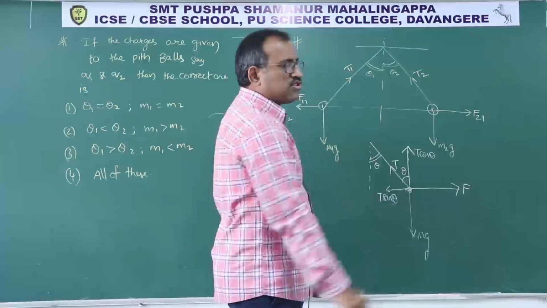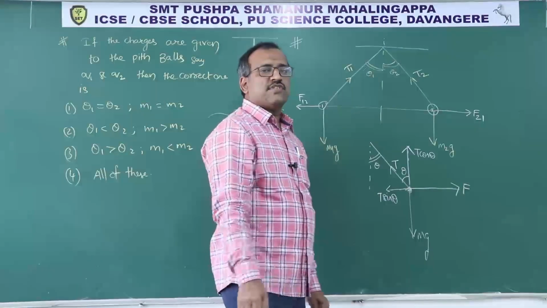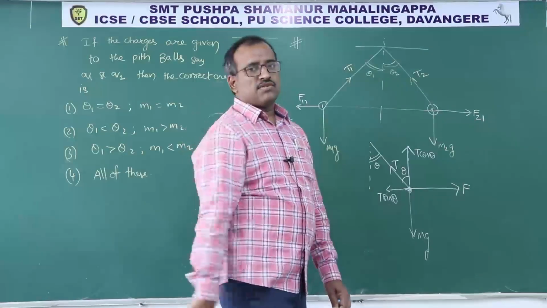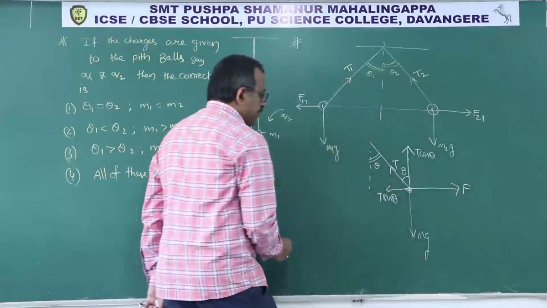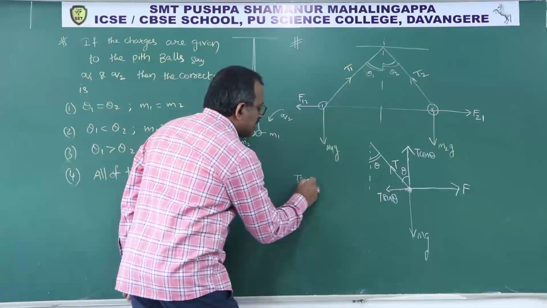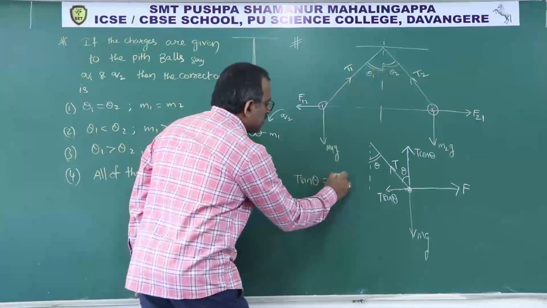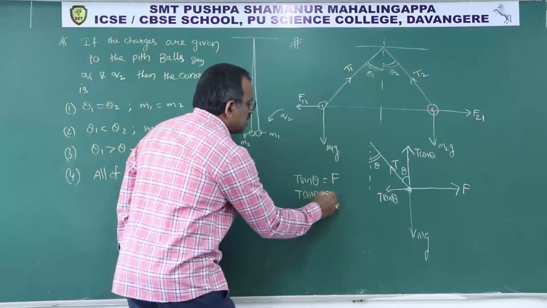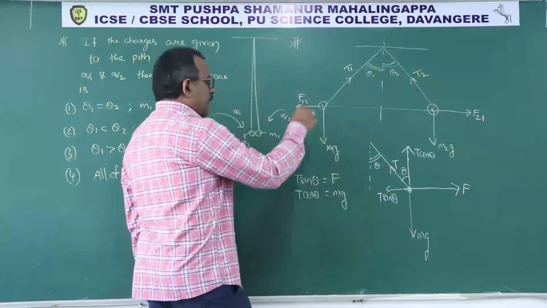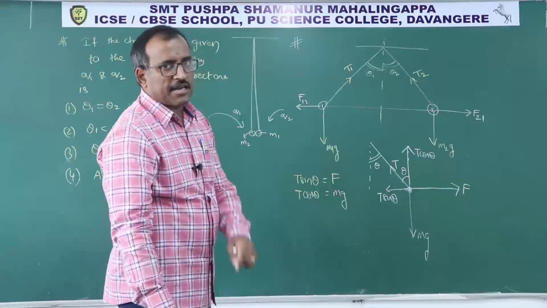Left hand side force should be equal to right hand side force, and upward force should be equal to downward force. Hence, I can equate. Left hand side force T sin theta is equal to F. Right hand side force T cos theta is equal to mg. Correct? Yes, absolutely.